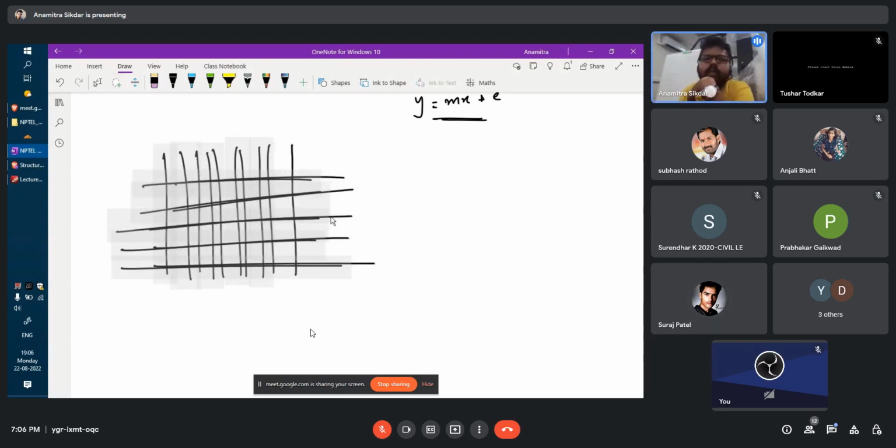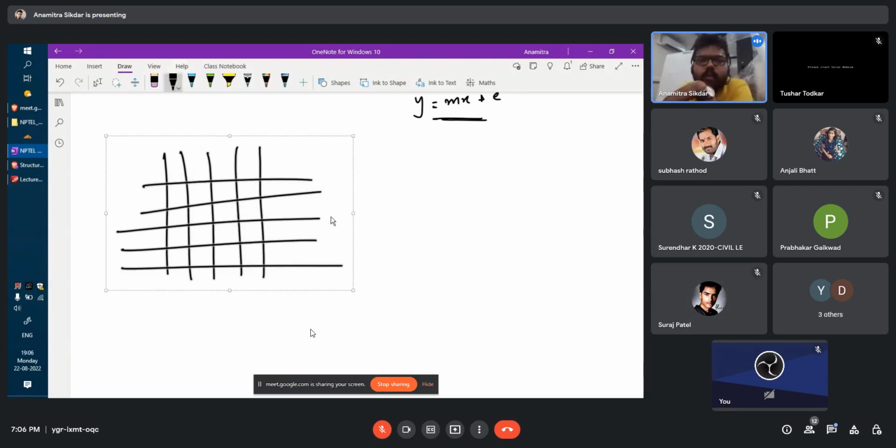Say for example, imagine a deformation matrix where everything will be stretched. So you only have a volume strain. So what will be the deformation matrix?